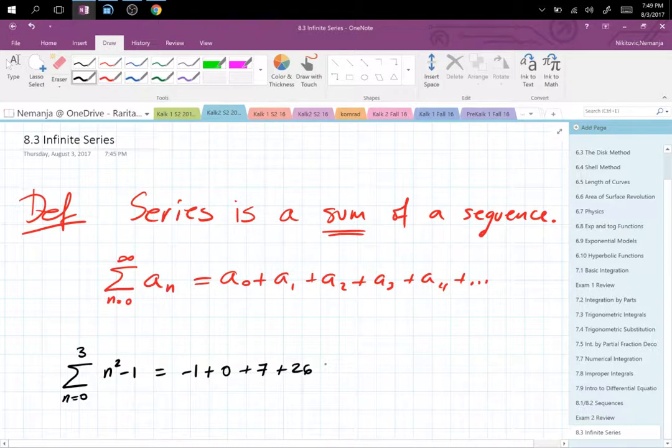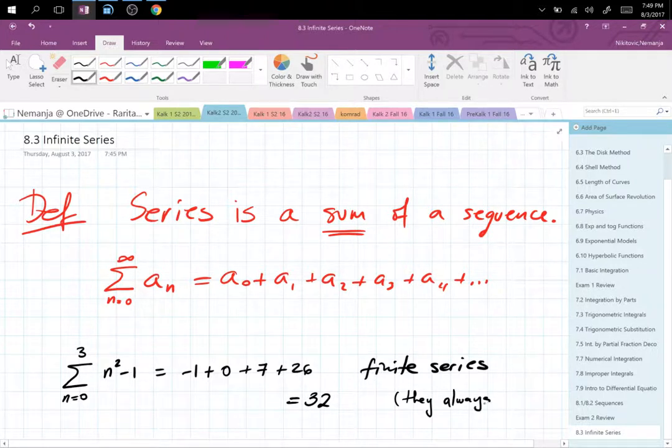So this is called a finite series, and because it has a finite number of terms, they always converge, because if you have 4 terms or 10,000 terms or 100 million terms, it doesn't matter how many, it's a finite amount, and you either add them by hand, or add them using a calculator or computer. So this is 32. So finite series always converge.